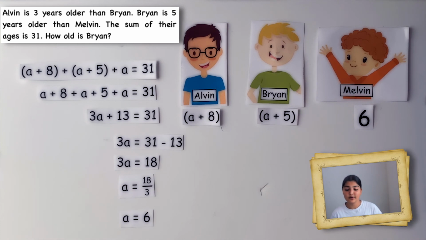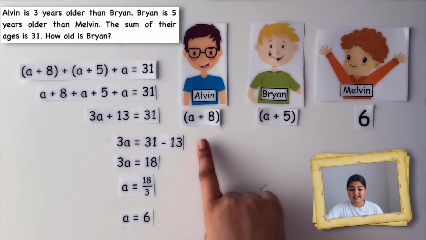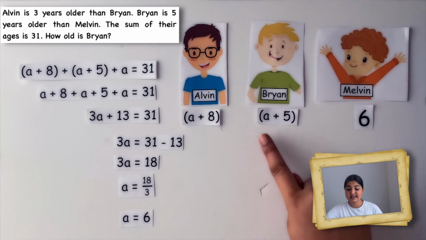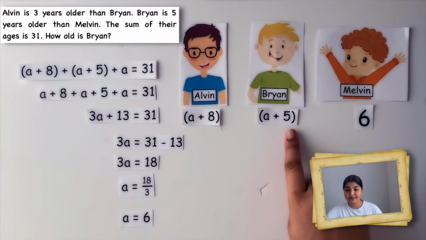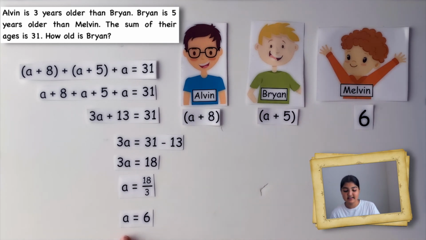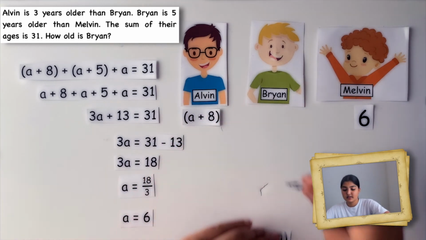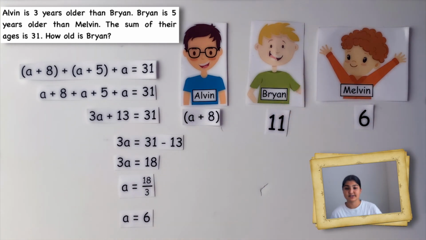But what about Bryan and Alvin? We know that Bryan's age is A plus 5, and A is equal to 6. So, 6 plus 5 is equal to 11, which means that Bryan is 11 years old.